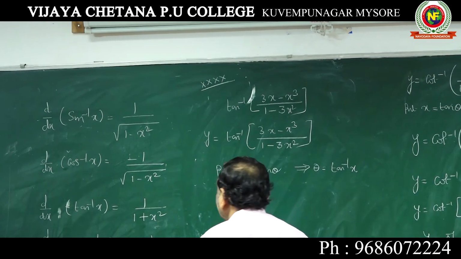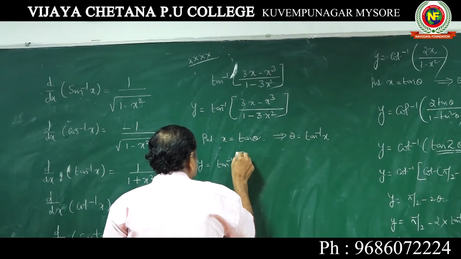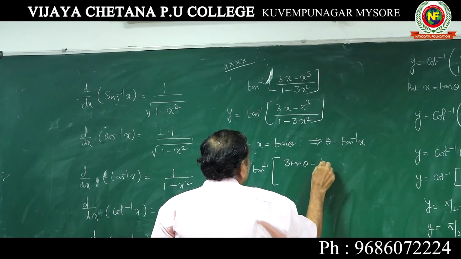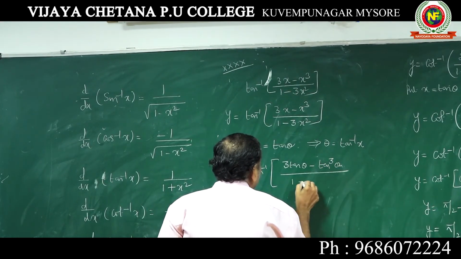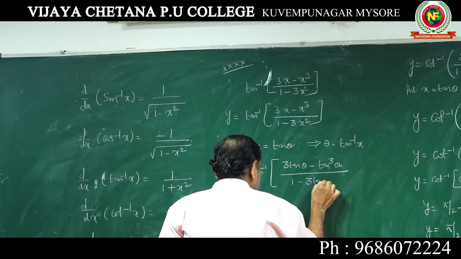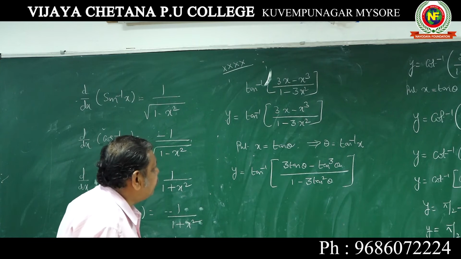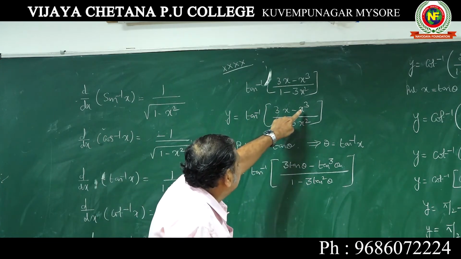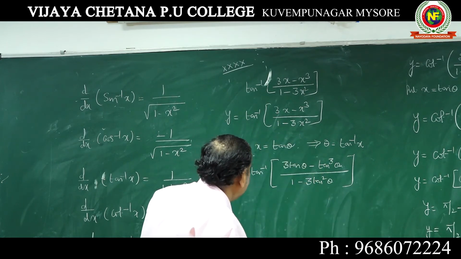Now you are putting y is equal to tan inverse of 3 tan theta minus tan cube theta by 1 minus 3 tan square theta.